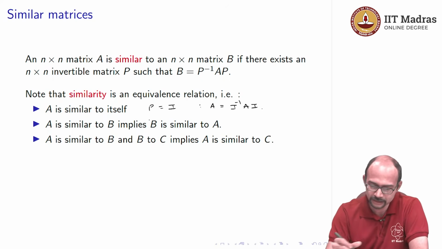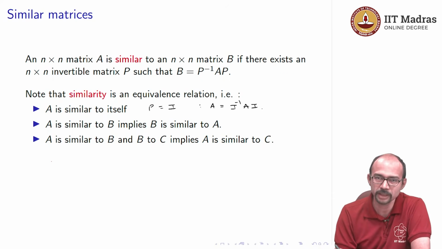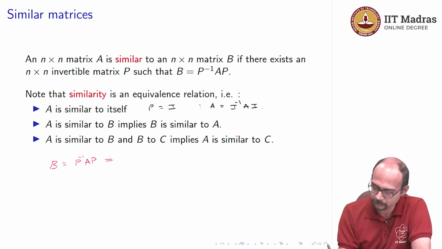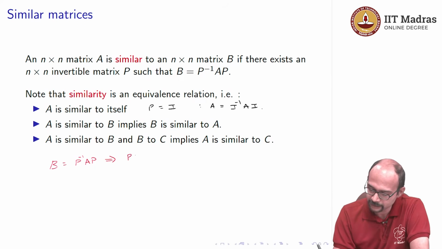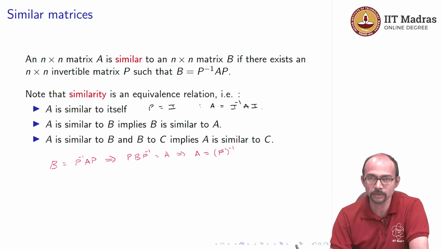For the second one, let us see how to do it. These are on the same lines that we have done in the previous part. So, A is similar to B means B is equal to P inverse A P, but because P is invertible, I can multiply by P inverse on the right and P on the left. So, I get P B P inverse is equal to A. So, just rewriting that, I want to write this as P inverse inverse times B times P inverse.